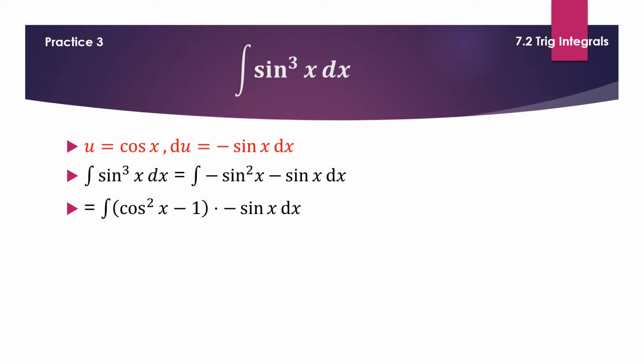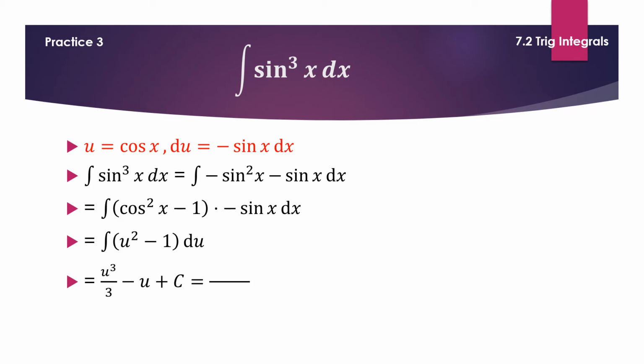And then we'll transform the negative sin squared x into cosine squared x minus 1 times negative sin x dx. And then substitute cosine x with u and negative sin x dx with du. We'll have integral u squared minus 1 du.